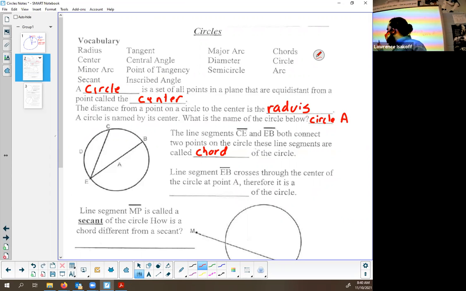What do we call a line that goes through the center of the circle? Diameter, perfect. Yep. So the diameter goes from edge to edge and crosses the center. We know the diameter is always twice as long as the radius because the radius goes from the center to the edge. So if I go edge to edge with the center, it's basically putting 2 radii together.